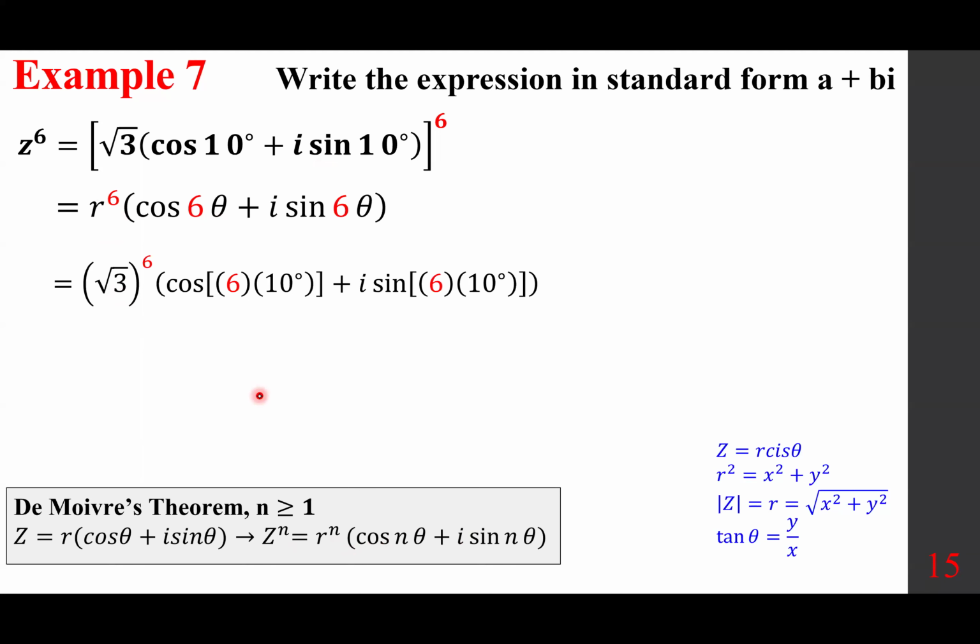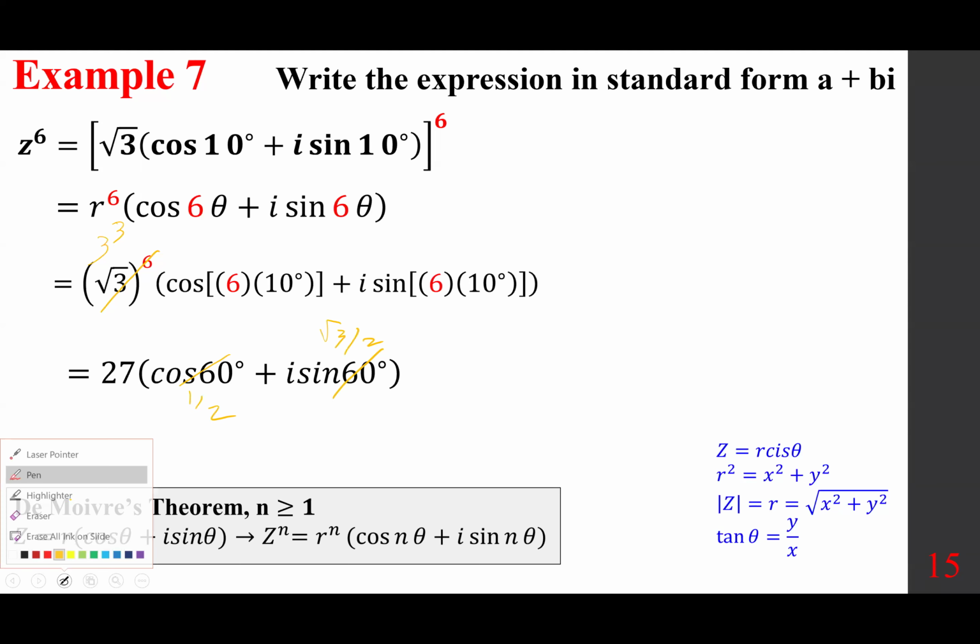So when we do that, I hope you recognize this one as 3 cubed, right? The square root of 3 to the power of 6 is the same as 3 cubed, or 27. 6 times 10 is 60 degrees. And you all know cosine is 1/2.